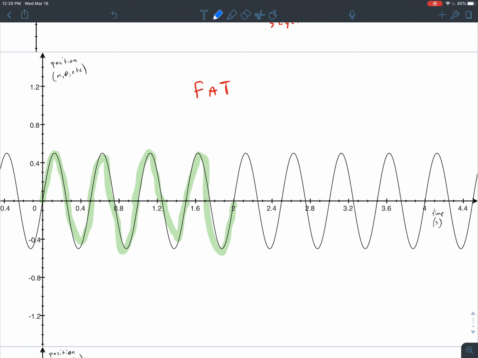Again, that's a nice round number. That's why I did it, because it clearly crosses the axis there. So 4 cycles in 2 seconds is 2 cycles per second, just 2 hertz. That's our frequency.